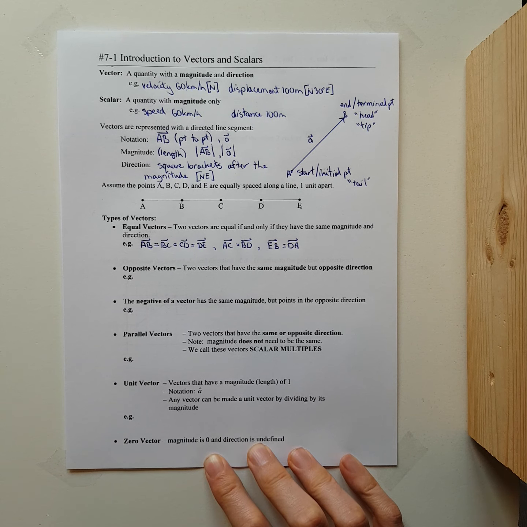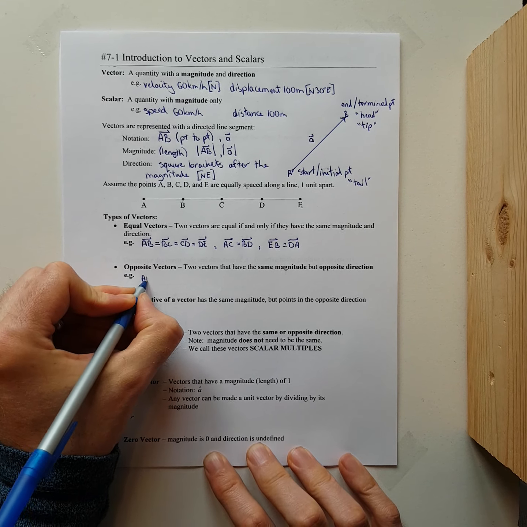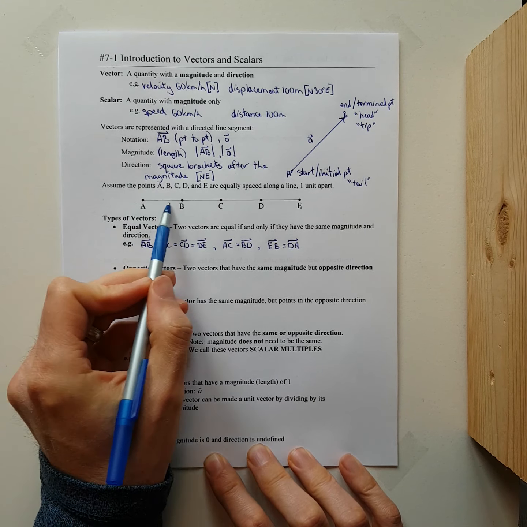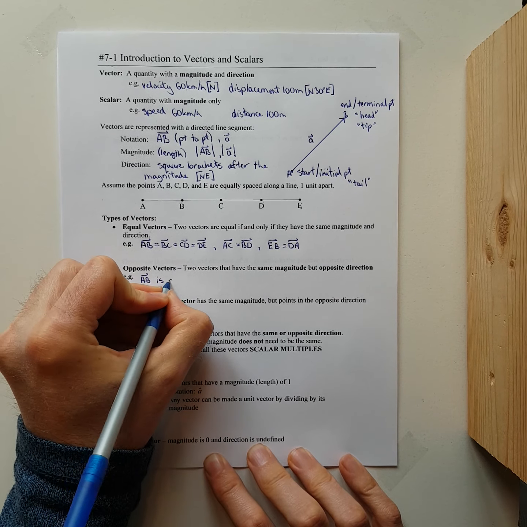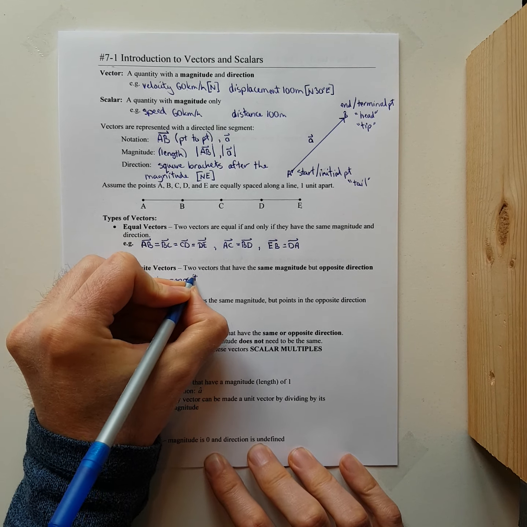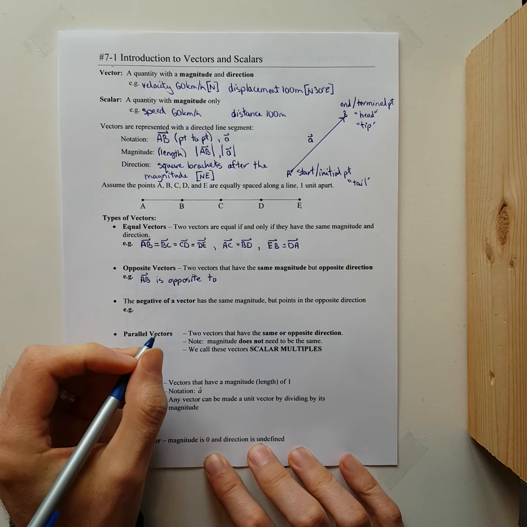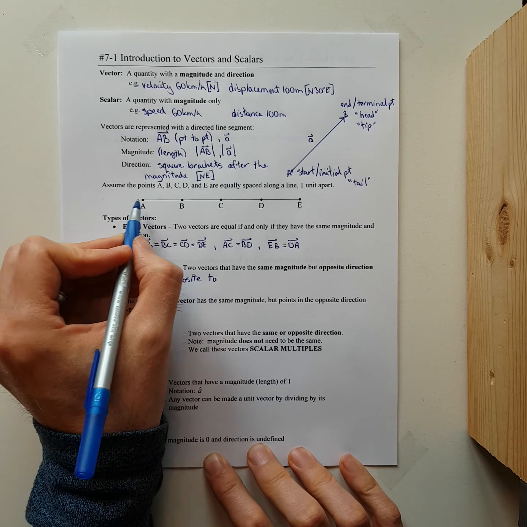Opposite vectors are any two vectors that have the same magnitude but are pointing in the opposite direction. In other words, vector AB, which is 1 unit long pointing to the right, is opposite to, well, I could use the exact same letters, but just point it to the left.